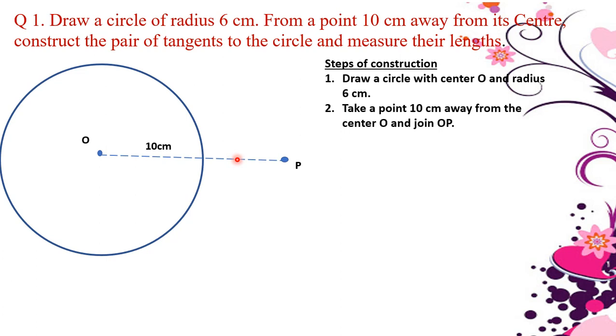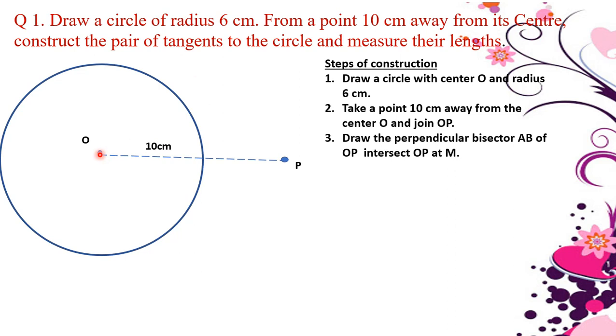Remember, open the compass more than half of the line segment, and with O and P as the centers, we draw pairs of arcs, upside and downside of this line segment, and by joining the intersection points, we get a perpendicular bisector. So let's start the perpendicular bisector of the line segment OP.